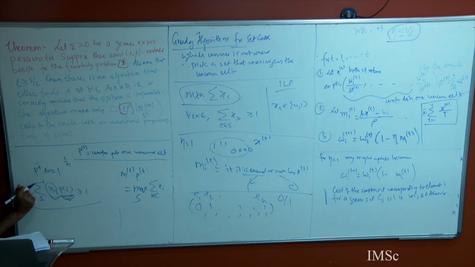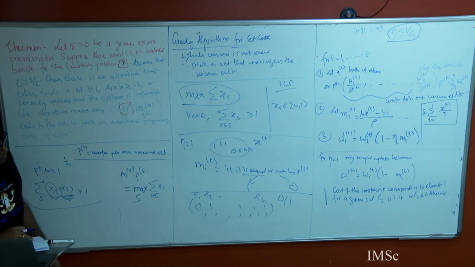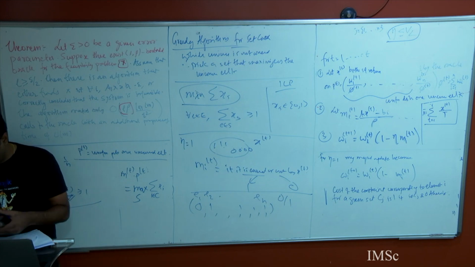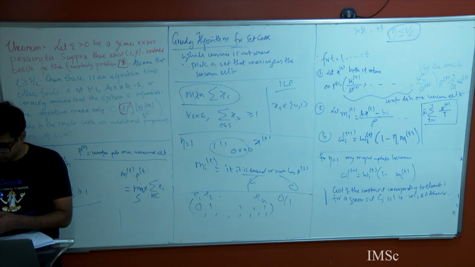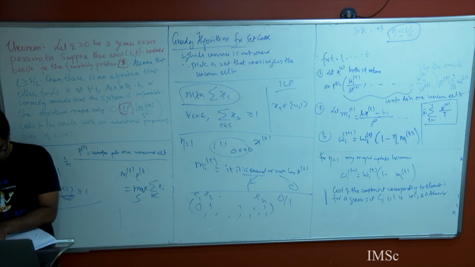Now what I'm saying to you is that I also have a cost vector. What is my cost vector? If you look at the proof, what was the cost vector?